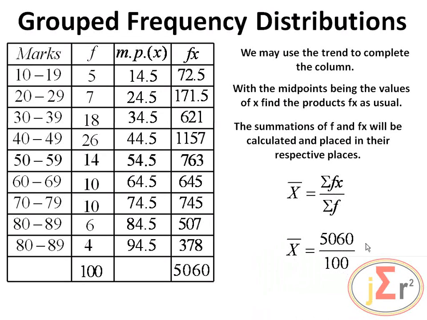So x bar is equal to summation of fx, 5060, divided by summation of f, which is 100. And the result is x bar, the mean, is equal to 50.6.